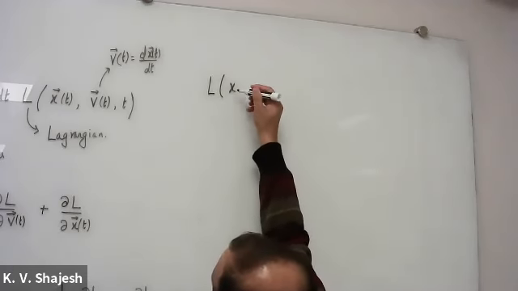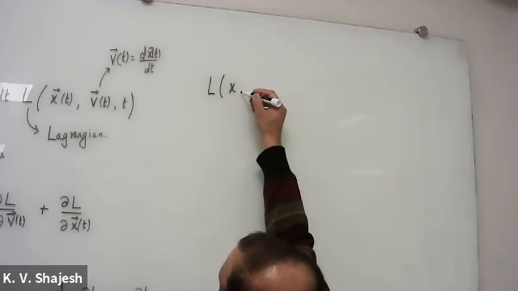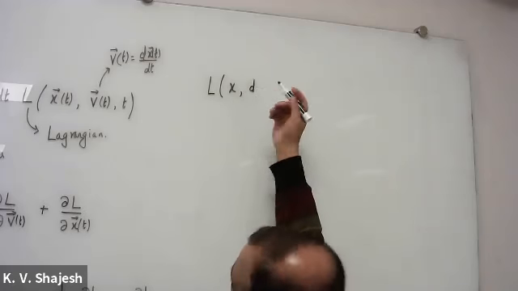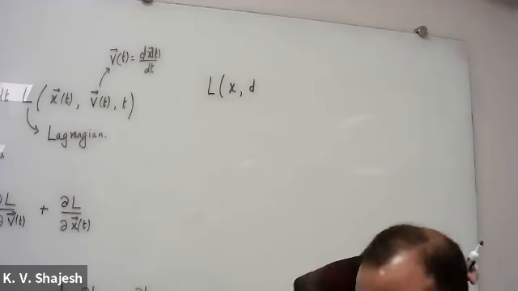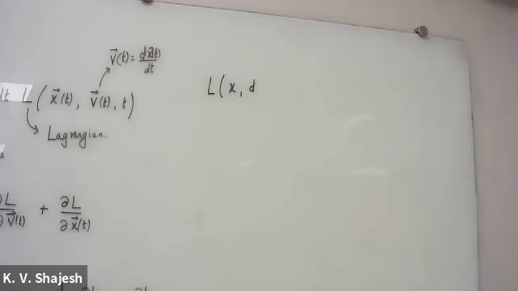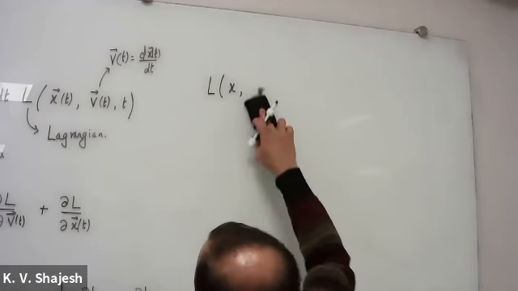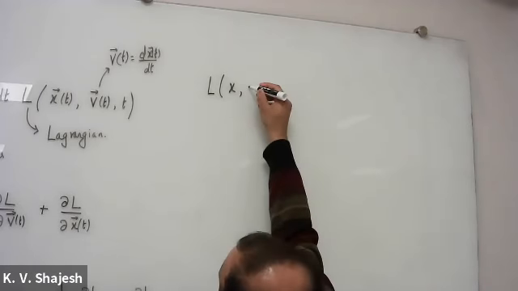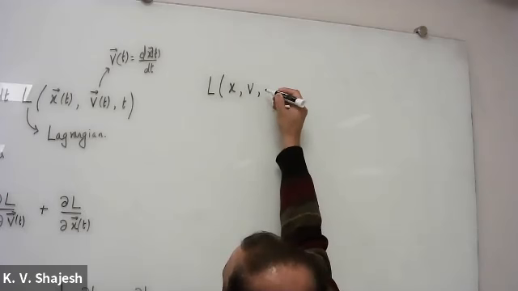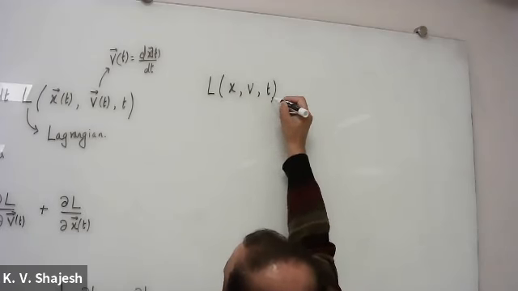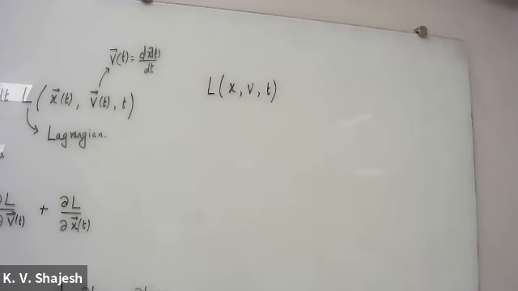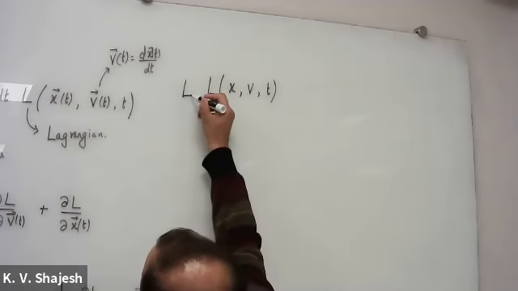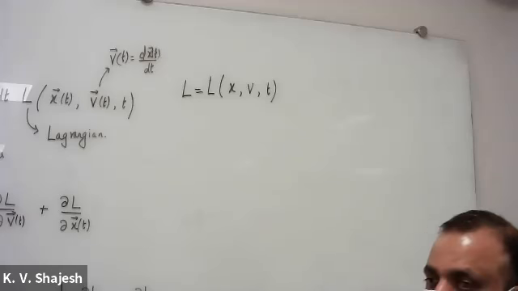This is time dependent, and this is your velocity, which I write as x dot, v. So we have velocity v, and that's time t. Those are the three quantities it depends on. Let me explicitly say that by saying L is equal to that.